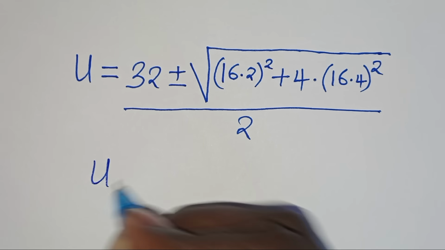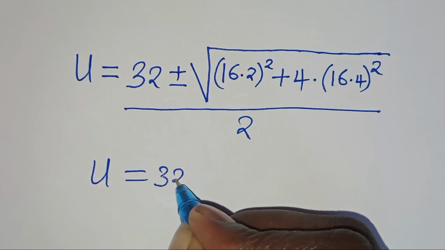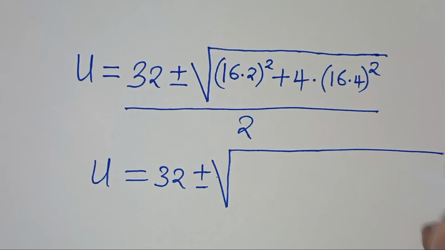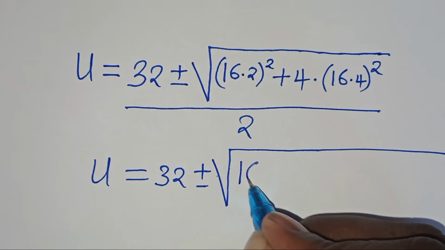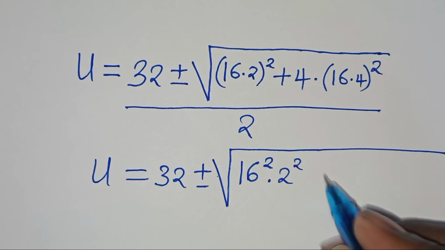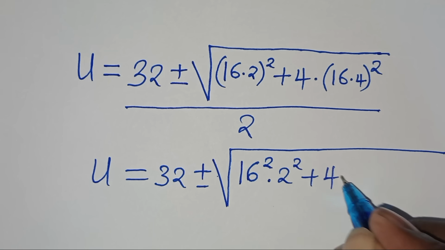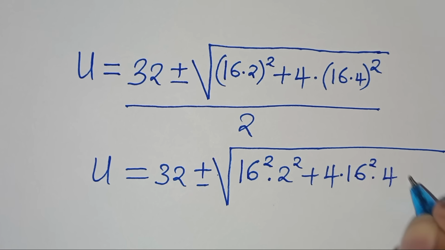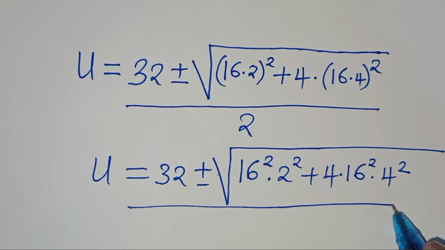So we have u is equal to 32 plus or minus, we can express this as the square root of 16 raised to the power of 2 multiplied by 2 to the power of 2, then plus 4 multiplied by 16 to the power of 2 times 4 to the power of 2, then divided by 2.